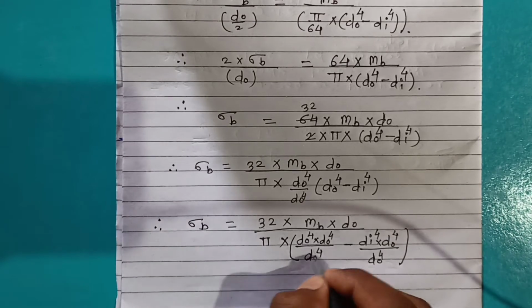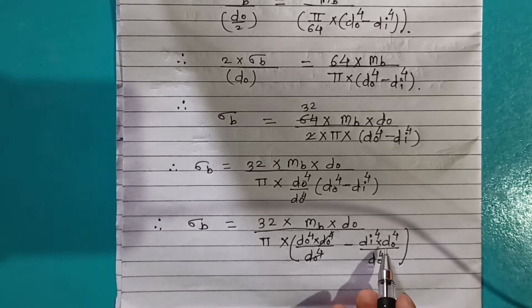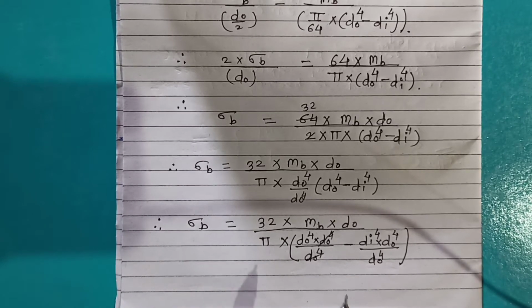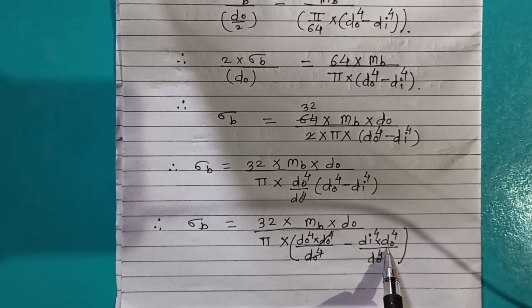Now this do raised to 4 and do raised to 4 get cancelled, and in this bracket I will take one term common, it is do raised to 4. This term is available at this point and at this point also.